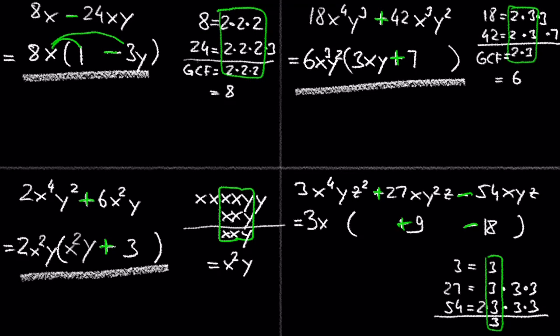We only have one y in the second and third terms, so we can't factor out y squared. And in the second and third term, we also only have the z. So let's take out the z and put it in front of the parentheses.